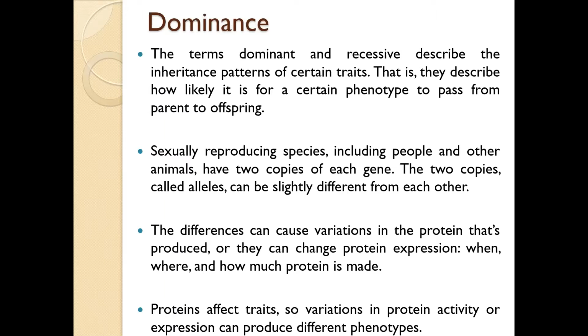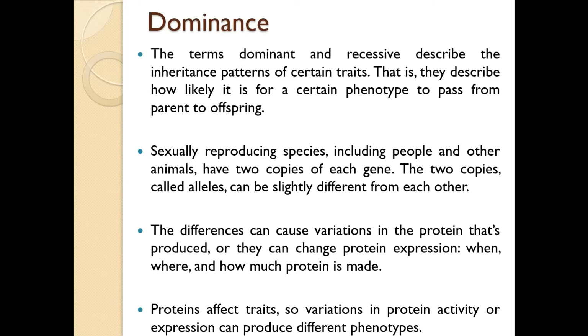The differences can cause variations in the proteins that are produced, or they can change protein expression: when, where, and how much protein is made. So basically, dominance and recessiveness depend on the expression of a particular amount of protein.